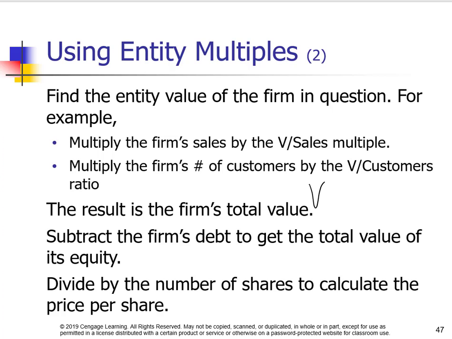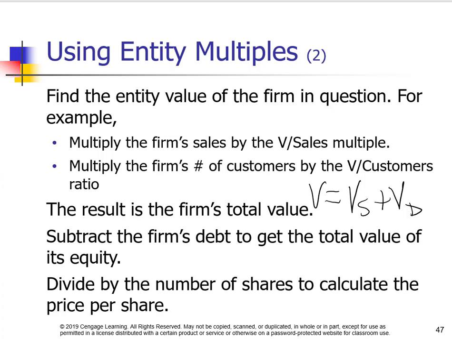So value equals the value of the stock plus the value of the debt. So if you just subtract debt from value, you find the value of equity of the company. Divide it by the number of shares, and now you have a price per share. So it's a pretty simple process.